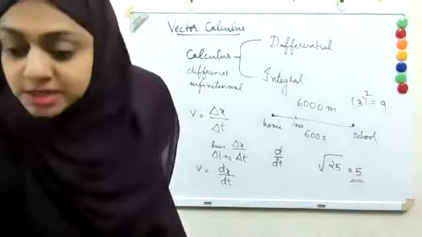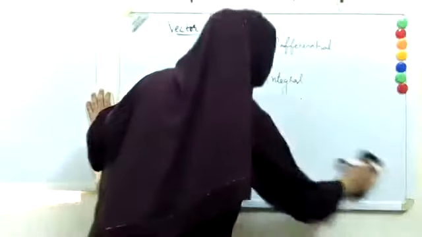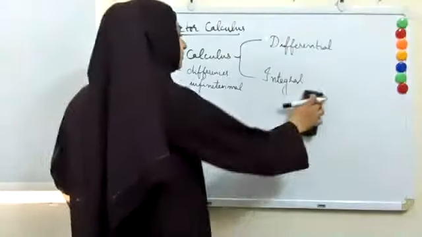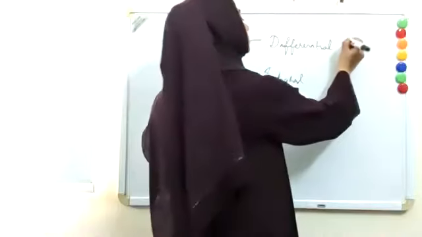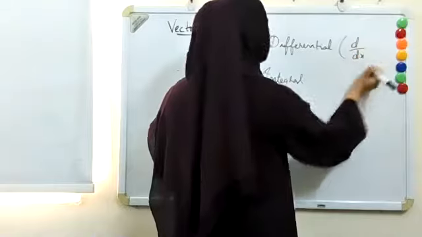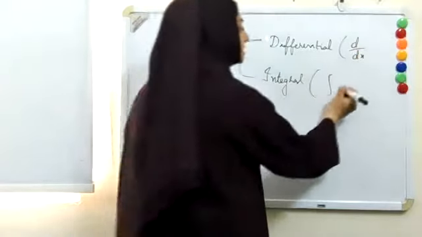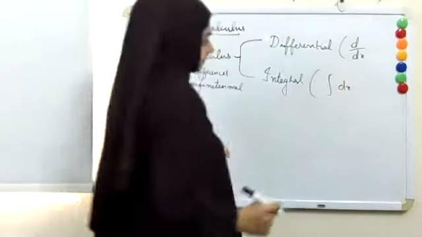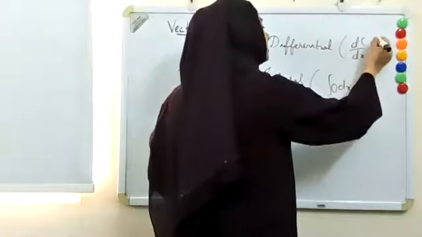So today we will learn a few vector operations or some operations which are definitely used in particular for vectors. You already know about the differential operation, which may be written as d by dx, and integral, which is how you represent integral of dx.